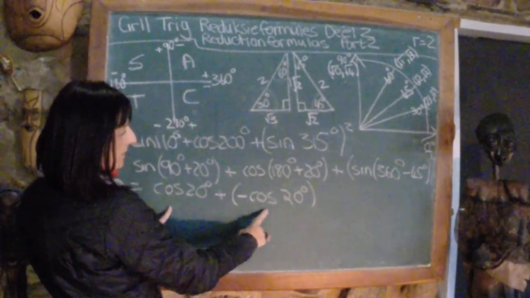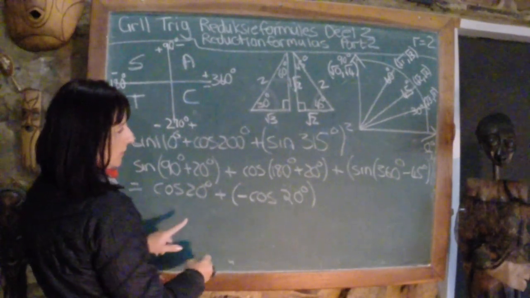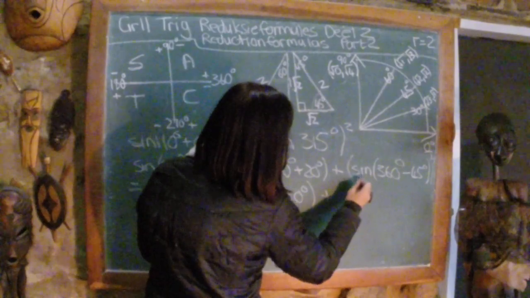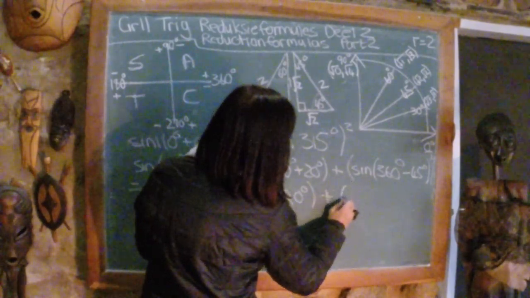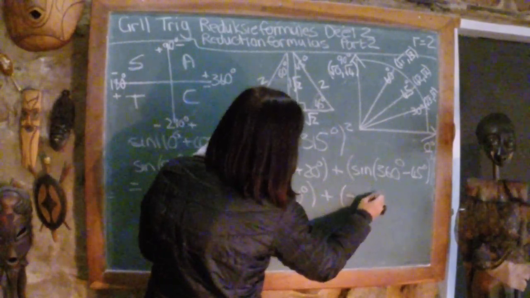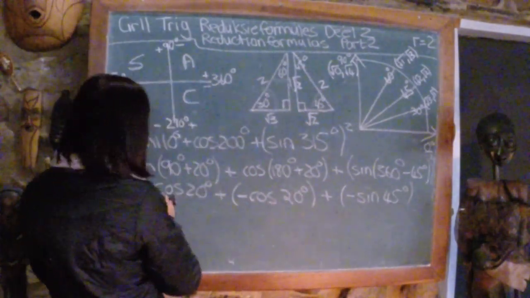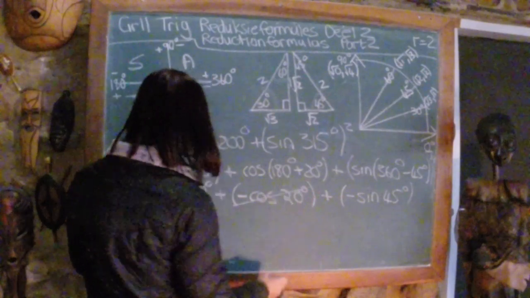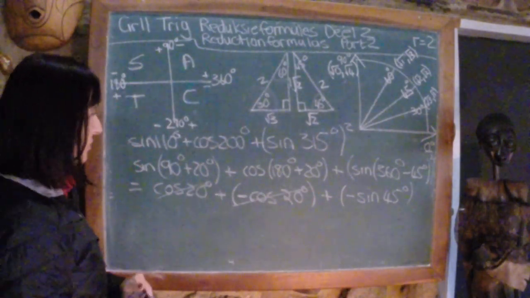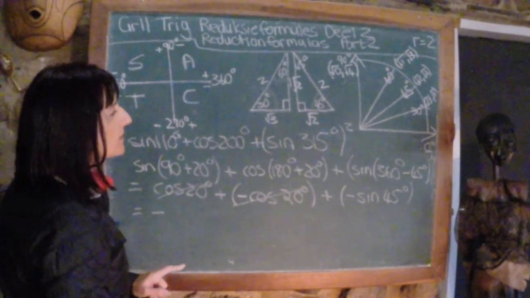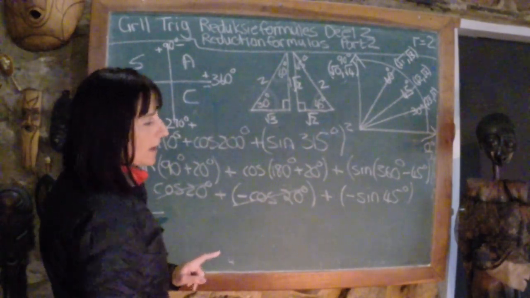See what's happening here? That will cancel. En 360 min 45 van sin is min sin van 45 grade. So that's going to cancel that because it's cos 20 minus cos 20, and I'm sitting with the minus of the sin of 45.